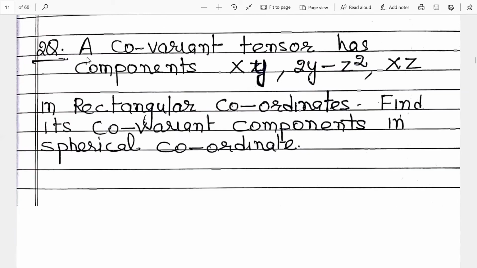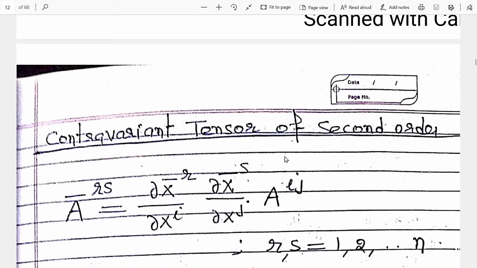Similarly, second question: a covariant tensor has given components xy, 2y minus z square, xz in rectangular coordinates. Find its covariant components in terms of spherical coordinates. That we already did in the previous example. So on a similar pattern, we can find the value. We can solve question number 1 and question number 2.